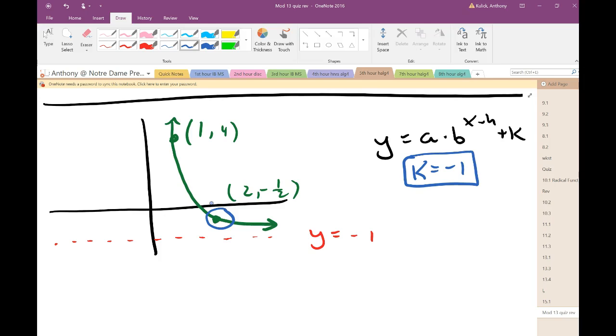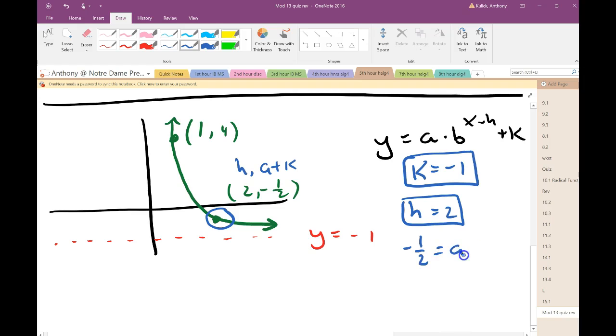Trust me, finding the b value and stuff gets a little bit grosser otherwise. So that's going to tell me this is the point h comma a plus k. So immediately now I have an h, and I know that -1/2 is equal to a plus -1, which is my k, right? So that allows me to solve for a readily.